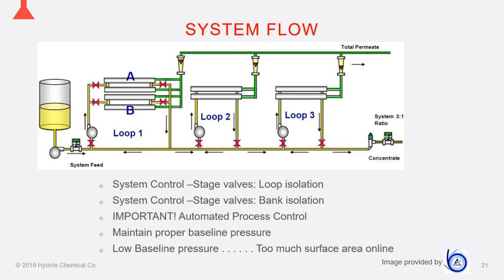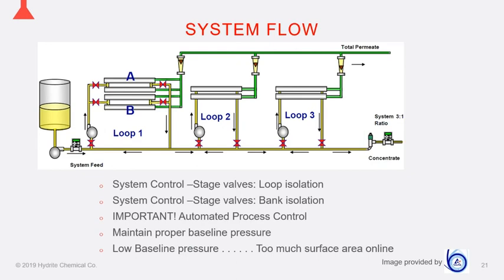If we go backwards, we can get all that water out as permeate, so it doesn't create too much of a drop in your finished product. That's the reason for going backwards.